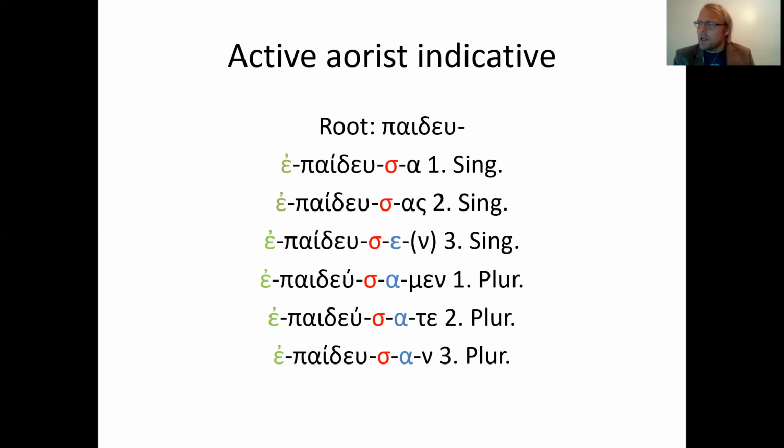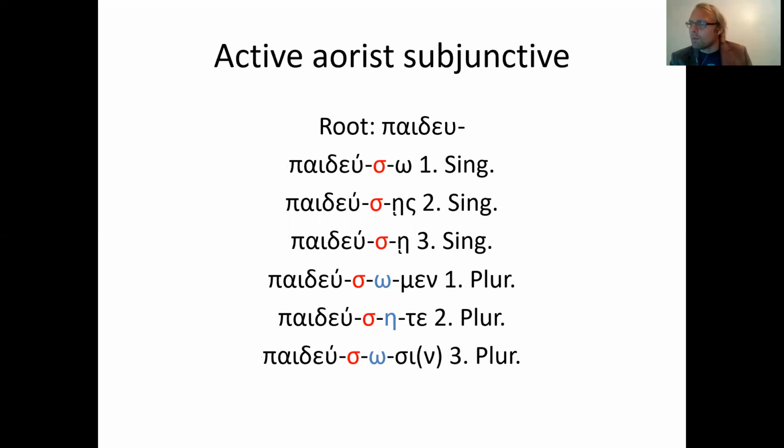Fine, the aorist active subjunctives are next then. So here we have paideuso in the first person singular, paideuses in the second person singular, paideuse in the third person singular, paideusomen in the first person plural, paideusete in the second person plural, paideusosin in the third person plural.